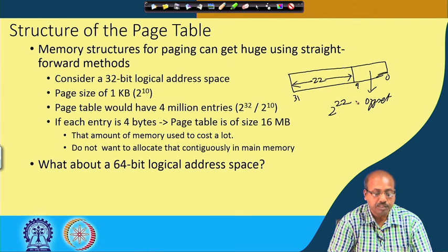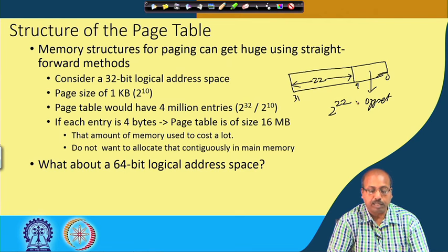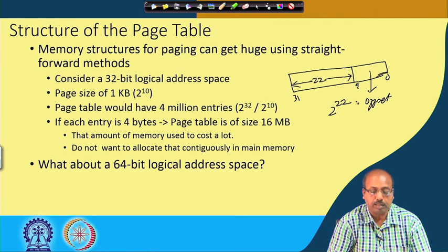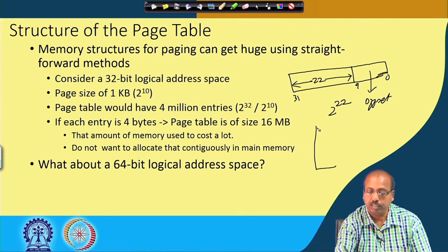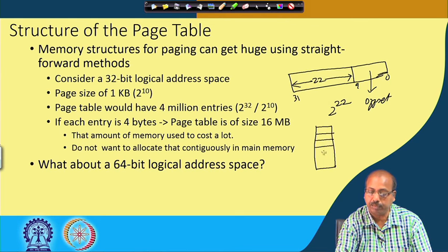So, definitely we do not want to allocate that contiguously in the main memory. So far, if this is the page table, we have implicitly assumed that the page table has contiguous locations.